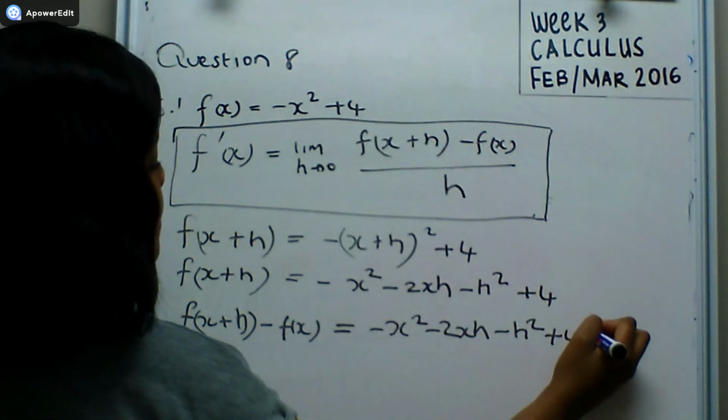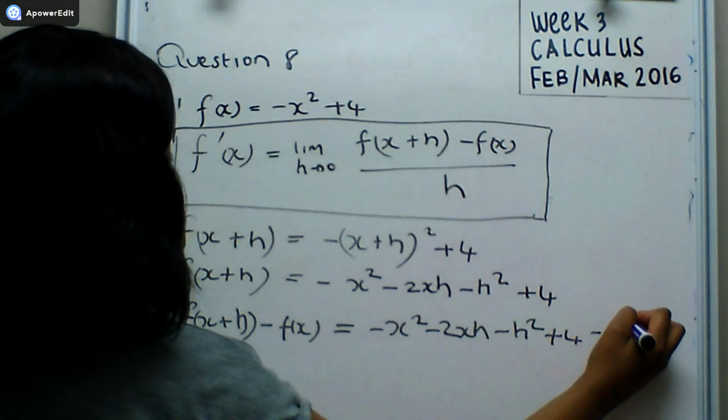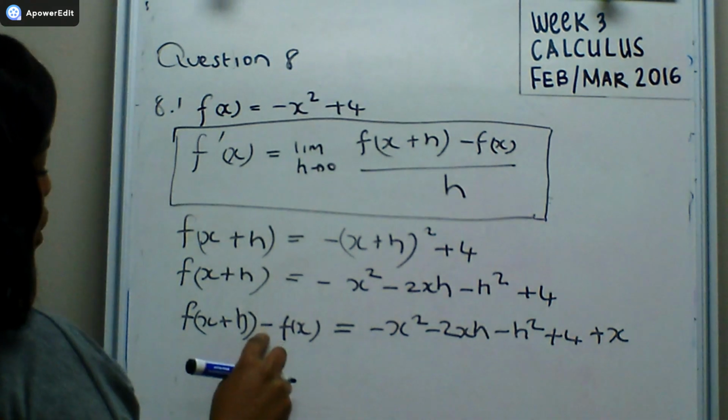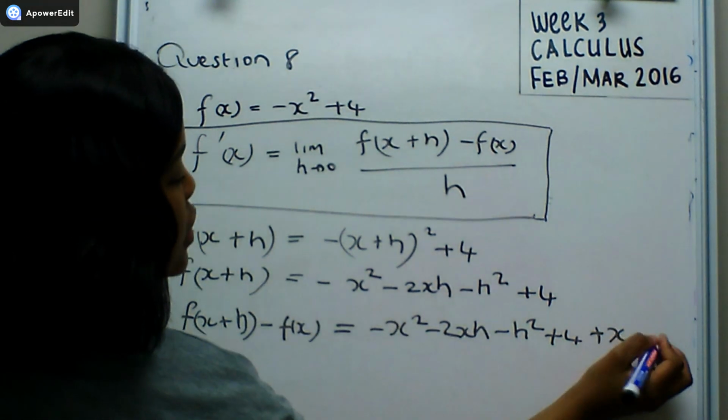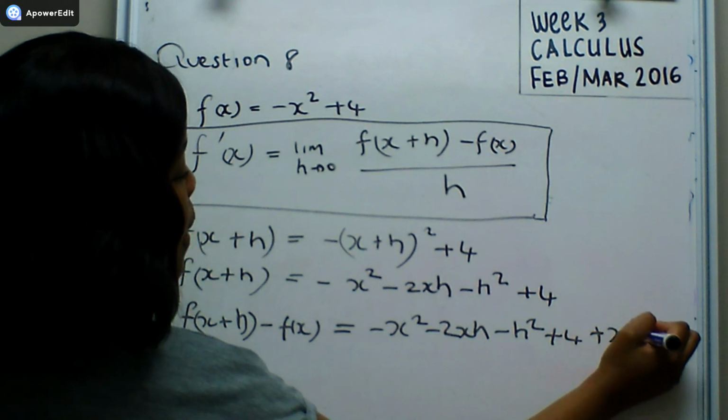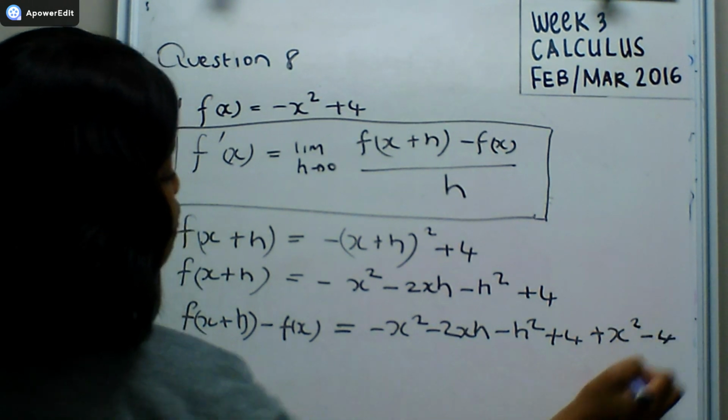Okay, so just after I've expanded that, what I'm doing right now is I'm just going to take that second part. As you can see, I'm doing f of x plus h minus the f of x. So what I did is I just took f of x as it is and then I put it right at the end.